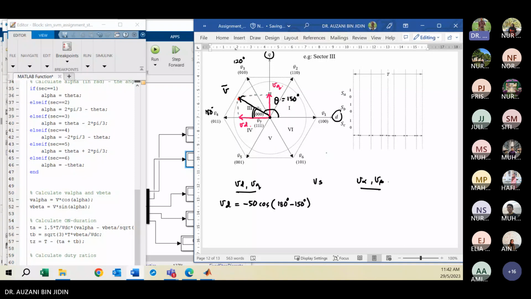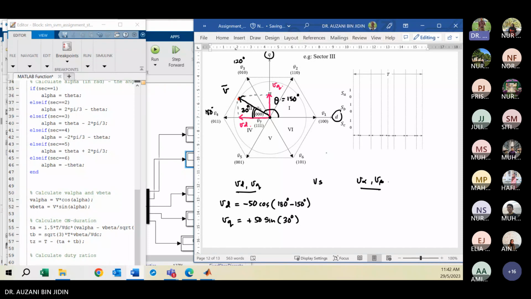For VQ, it must be positive, positive 50 sine 30 degrees, or the difference between 180 and 150. So the angle here will be 30 degrees.